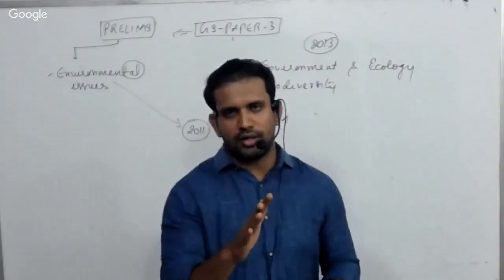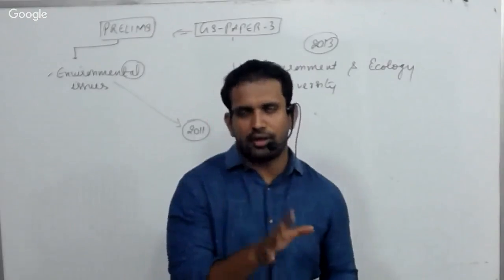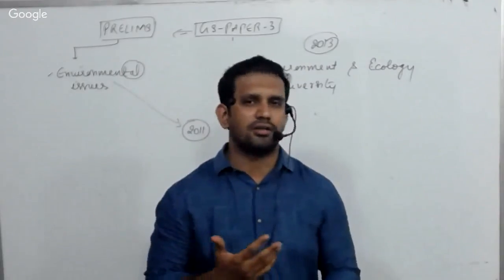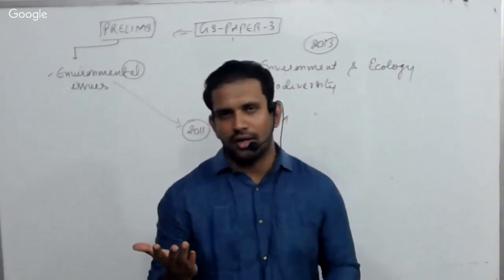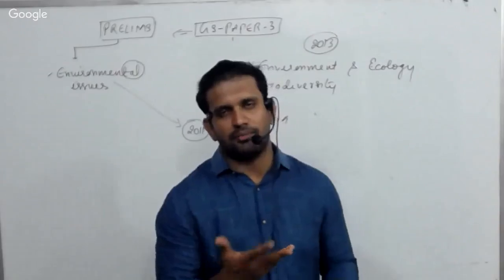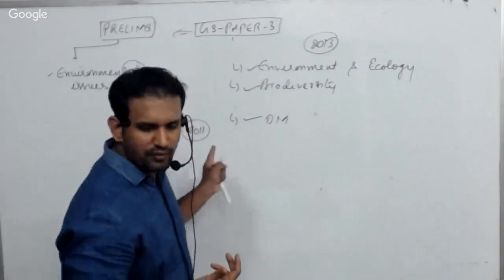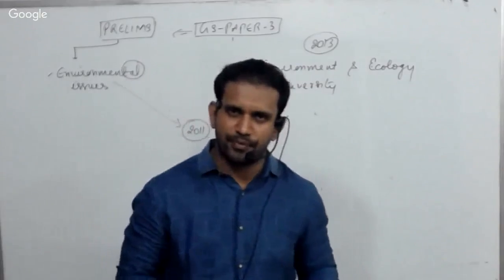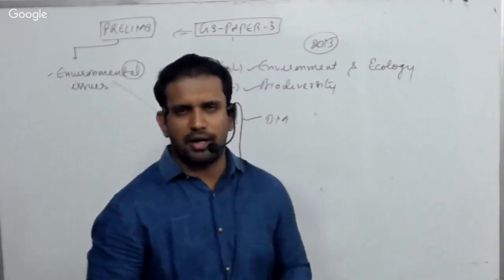If you want to do any of the preliminary questions with regard to environment, you cannot go from 1991, 1992 like that. Why? Because environment as a part of the prelims was included in 2011. So if you go through 2011 to 2018, that is enough. You can see the pattern. It's very nice.